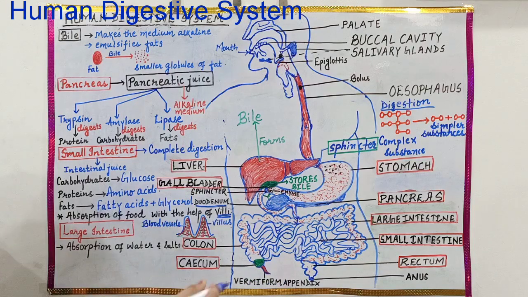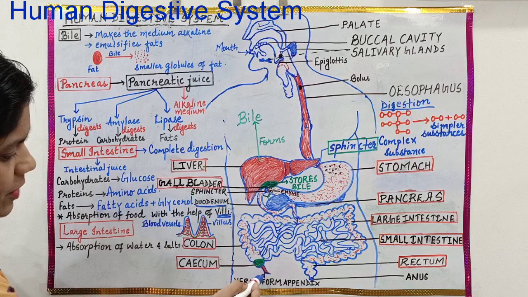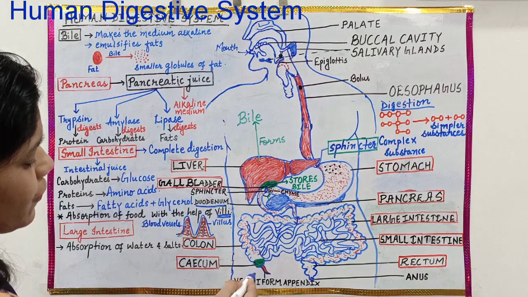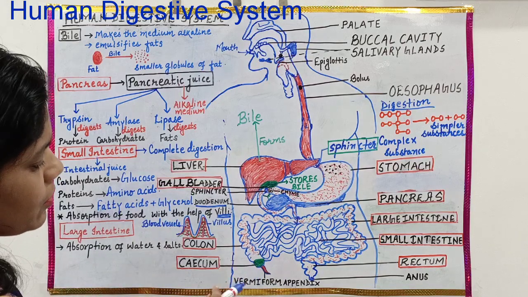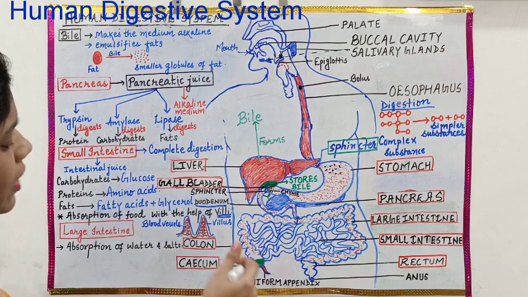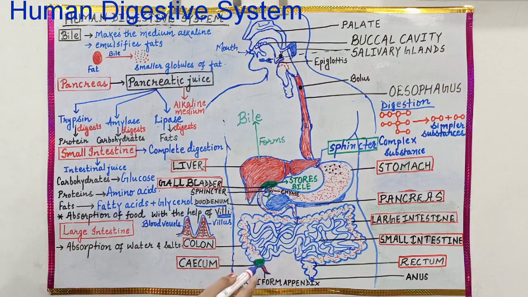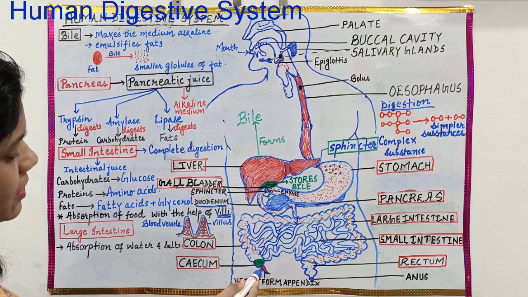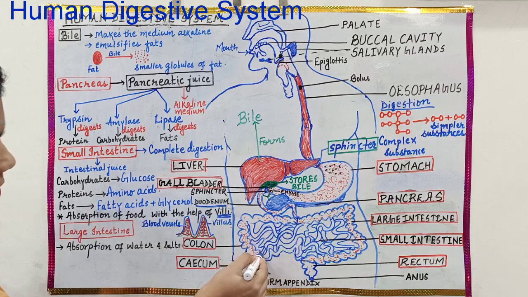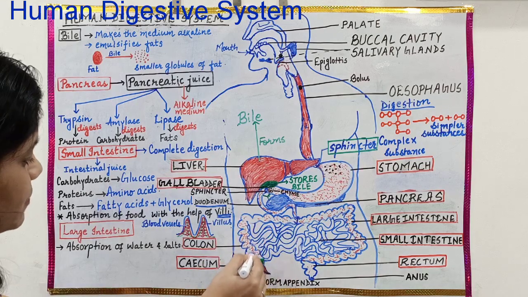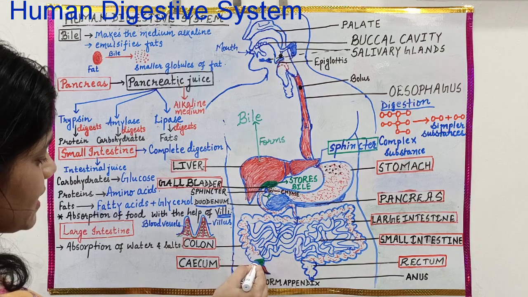Actually, it is a vestigial structure in humans. Once it was used for digesting cellulose, but we no longer eat cellulose, so it is just present as a vestigial structure.